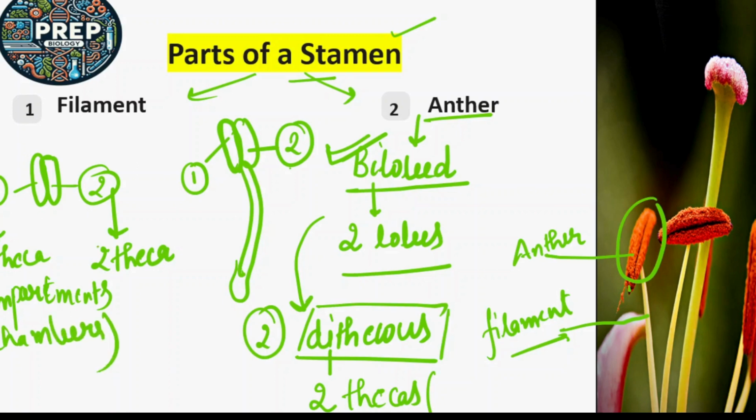Is it clear? So how many total theca are present in one anther? 2 plus 2, that is 4 theca in one anther.